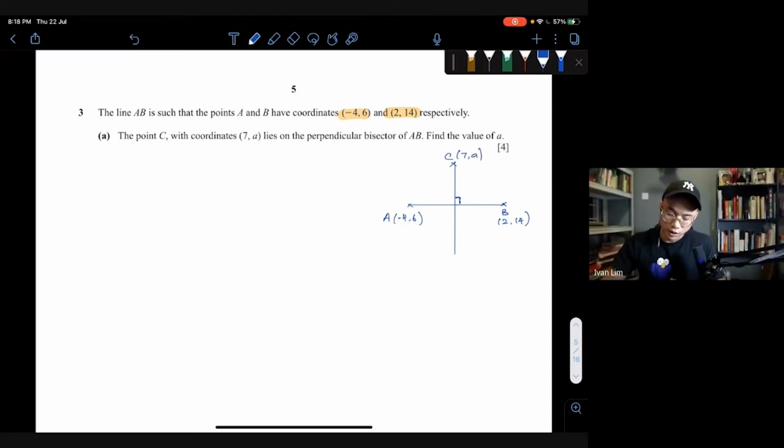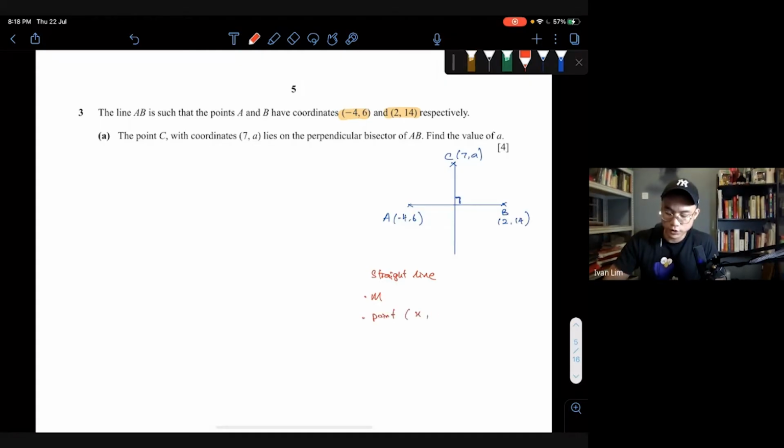My goal right now is to find the equation of the perpendicular bisector first. Every time to construct a straight line, the only thing you need is the gradient m, and a point.